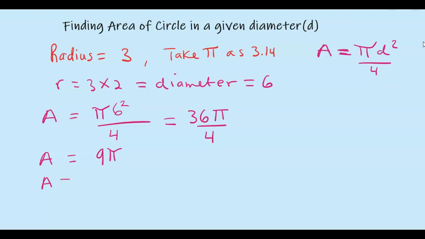If we want to go all the way to the end, then pi has been given as 3.14. You multiply that, you get 28.26. And here, let's say it was in meters, then it's going to be meters squared.